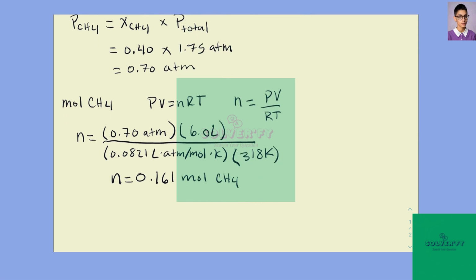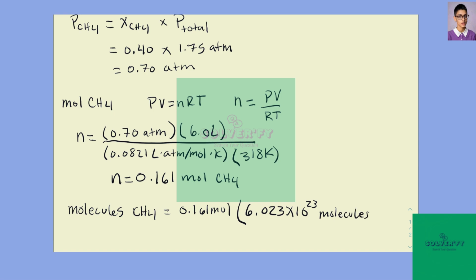All right, so now to get the molecules of methane, we're just going to take our moles, 0.161 moles, and times that by Avogadro's number, which helps us get moles into molecules. So Avogadro's number is 6.023 times 10 to the 23rd molecules per mole.